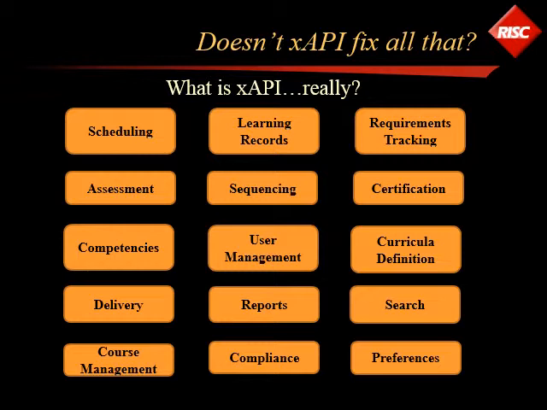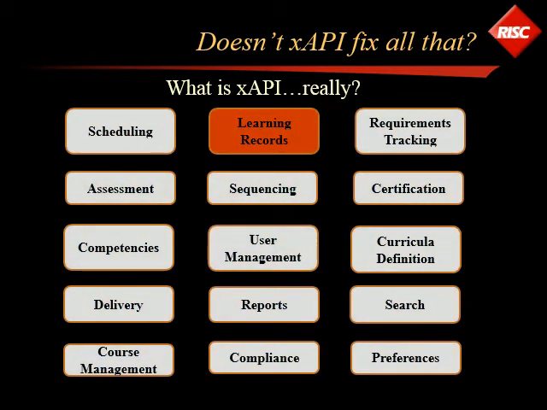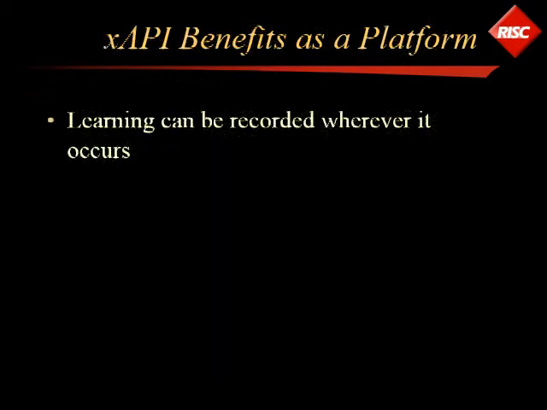You can record test results in the Experience API, and a lot of people do, but you can't record test questions. You can't have an itemized bank of test questions that you're going to deliver. So with the Experience API, all these different things that your LMS combined with SCORM can do for you, all xAPI does is store results and define a communication layer between content and that record store. So we need something else to really replace SCORM.